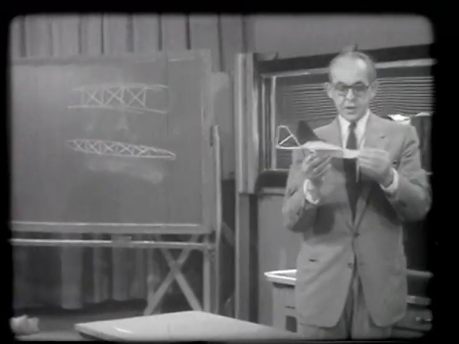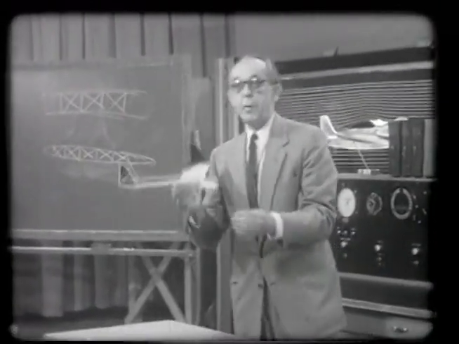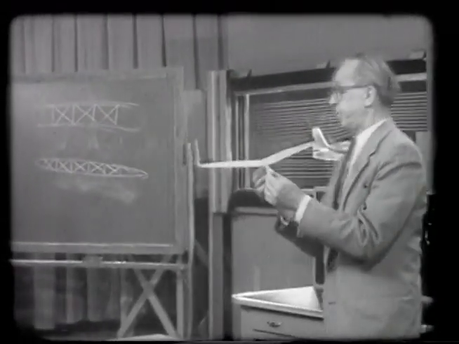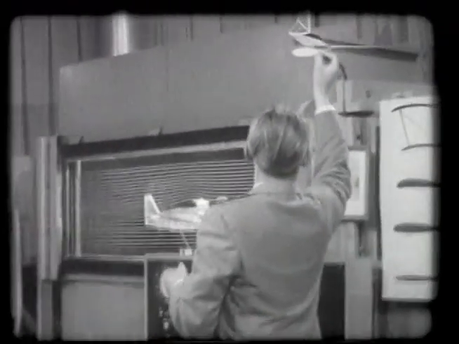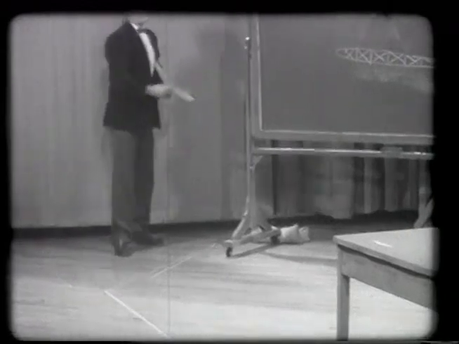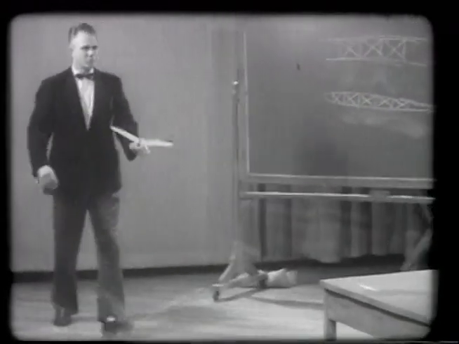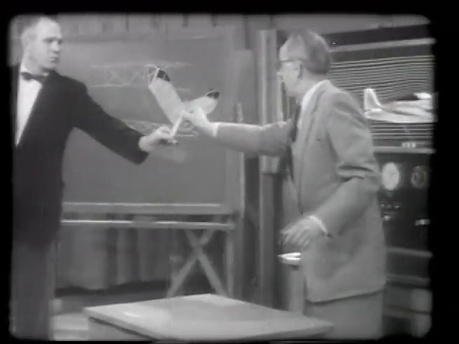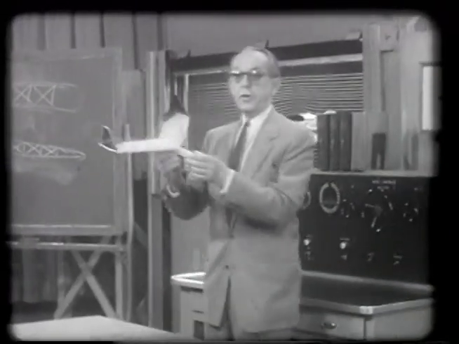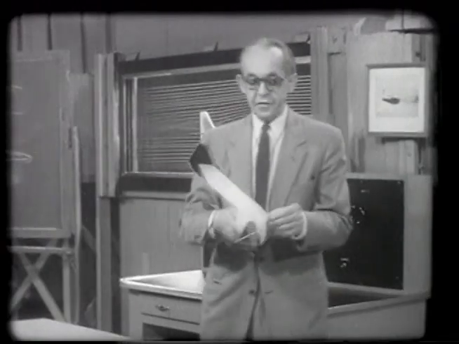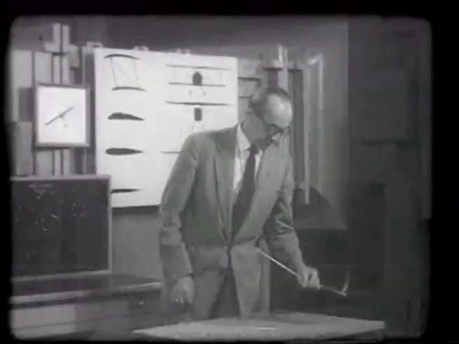And you will see that this flies very well. I can even take a little weight off. Now, and there it goes. You see, we have, in this way, found a means to build an all-wing aircraft with sweepback wing.